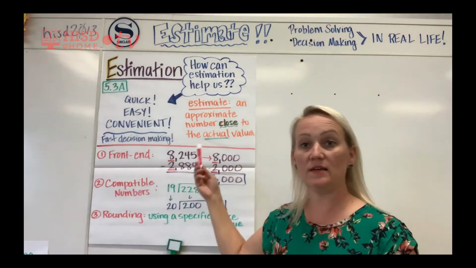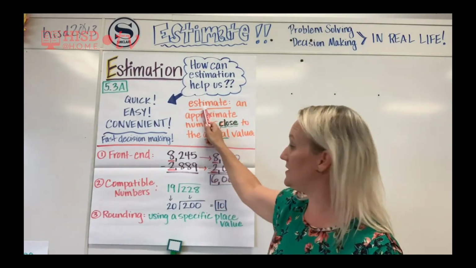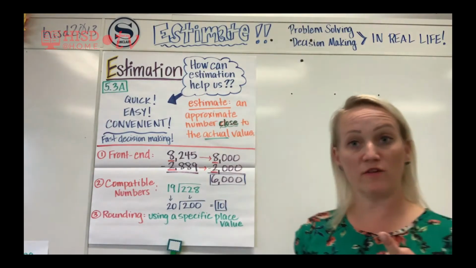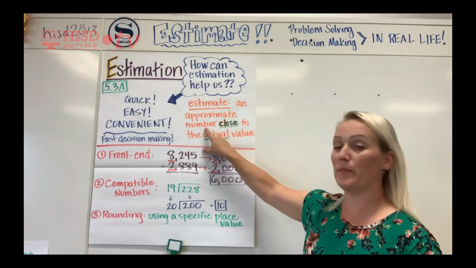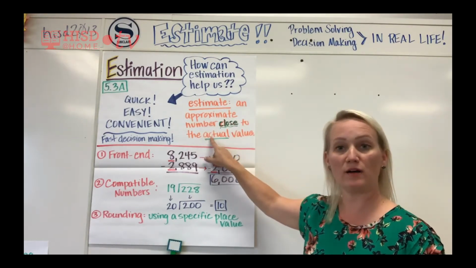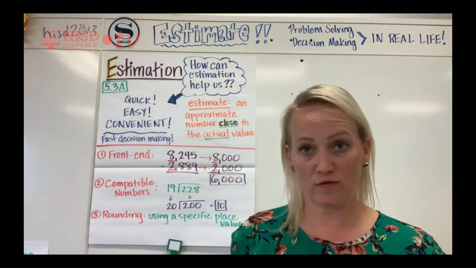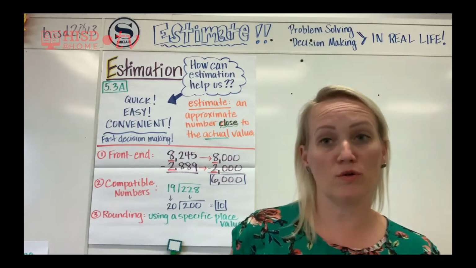Here you can see in orange, I want you to write this down first. In this orange section, it says to estimate or an estimate. You can use it as a verb or a noun. An estimate is an approximate number close to the actual value. Approximate number close to the actual value. So it's not the exact number, it's close to the actual value.